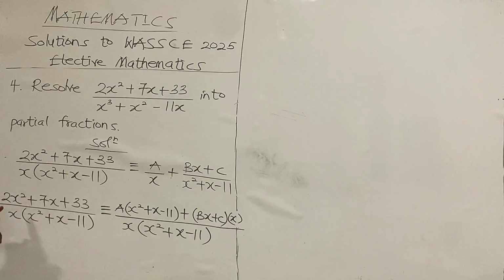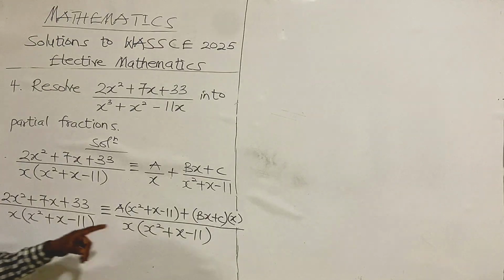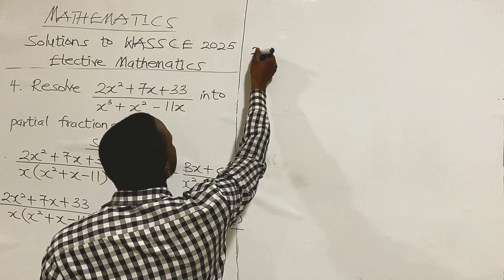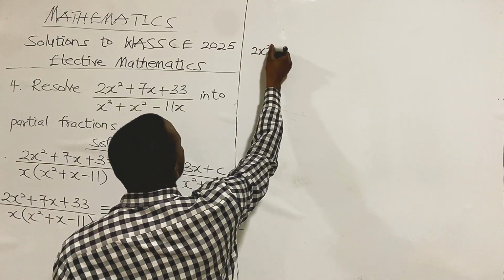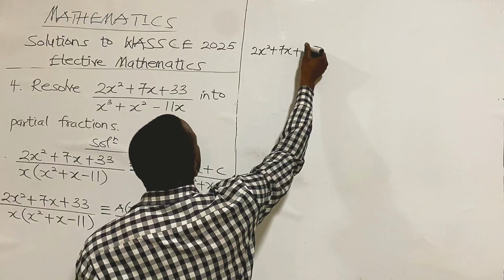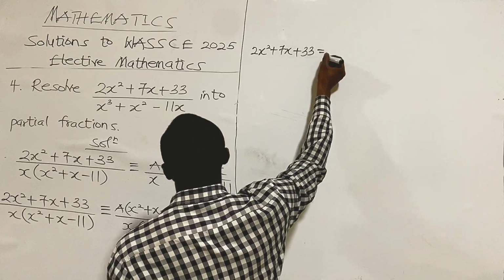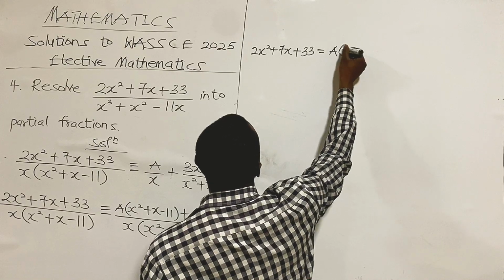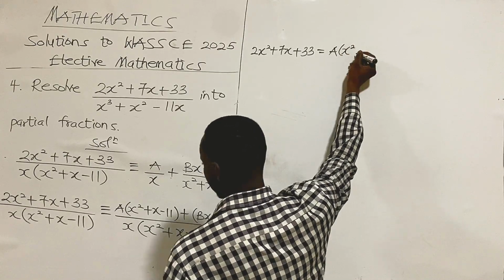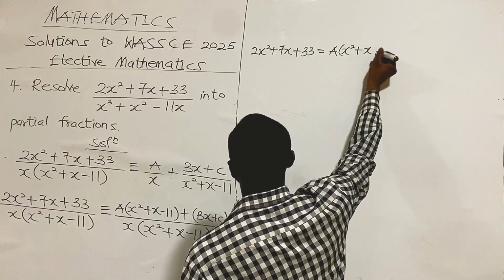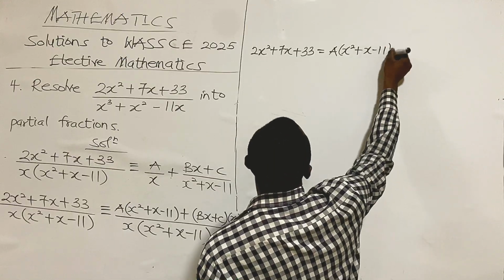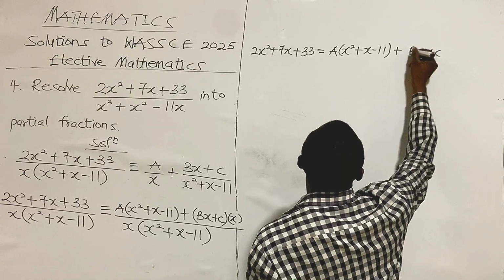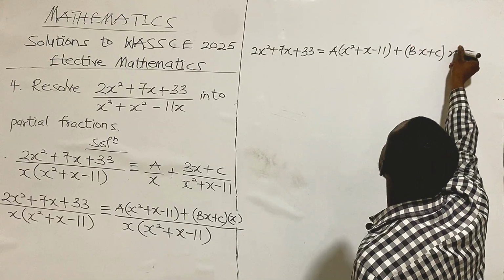Now from here, the denominators are the same, so we can equate the numerators. So we are going to get 2x squared plus 7x plus 33, which is equal to a multiplying x squared plus x minus 11 plus bx plus c also multiplying x.